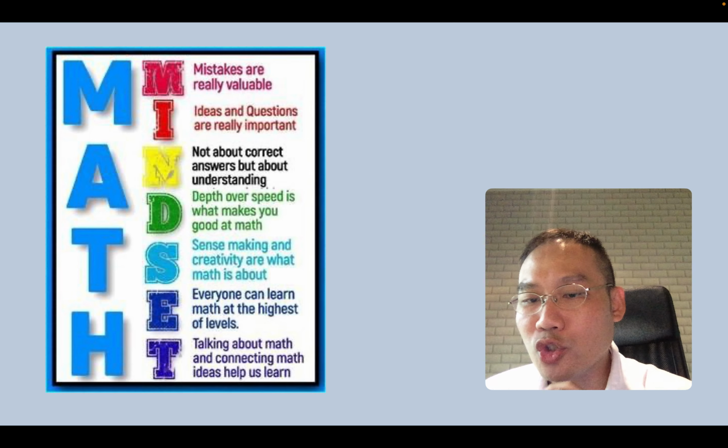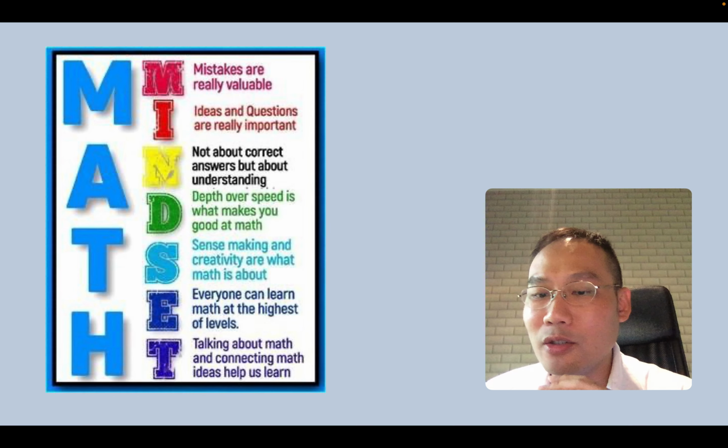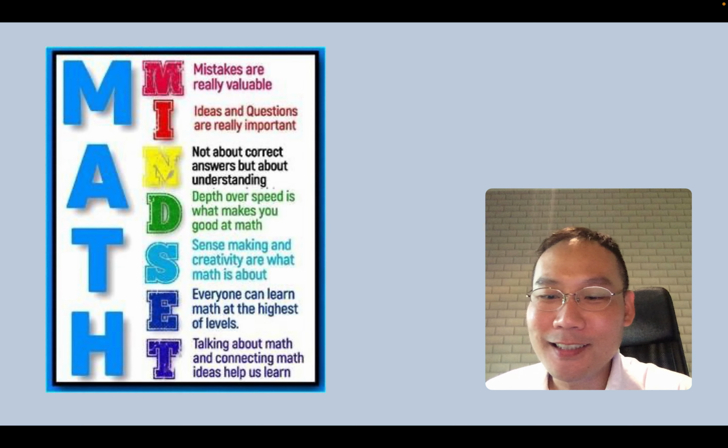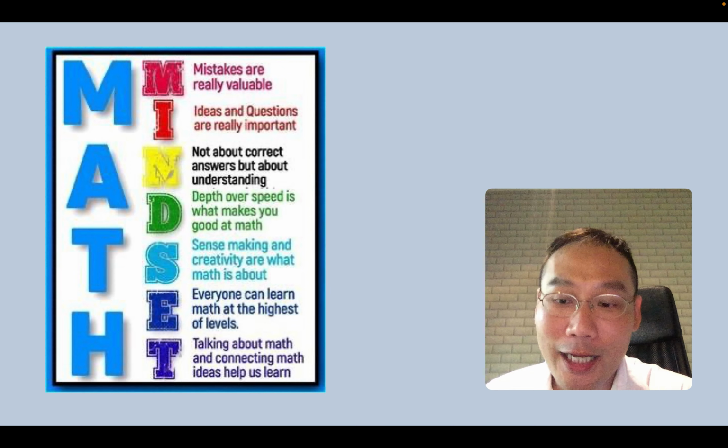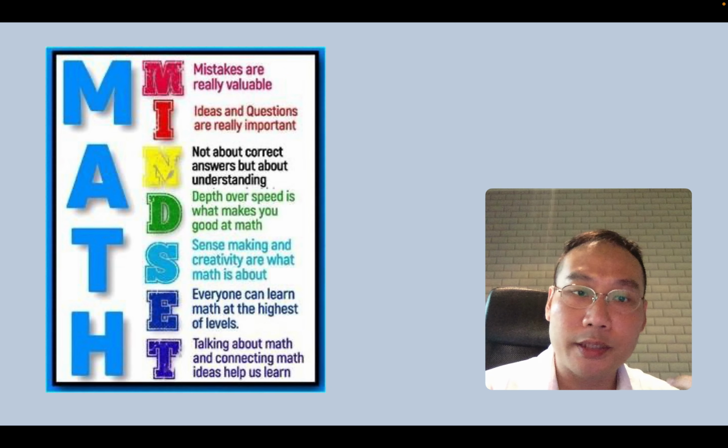If we score full marks every time, sometimes we got the correct solution without fully understanding the concept, right? But when we make a mistake, we make the effort to reflect upon the mistake, and that's where deep learning actually happens. So mistakes are valuable when we do corrections.